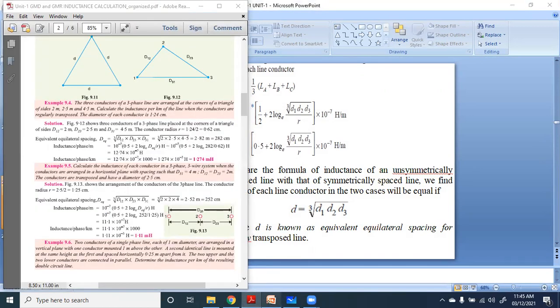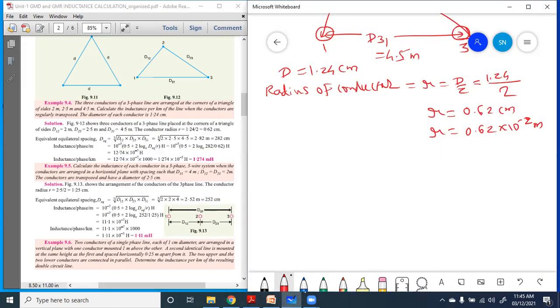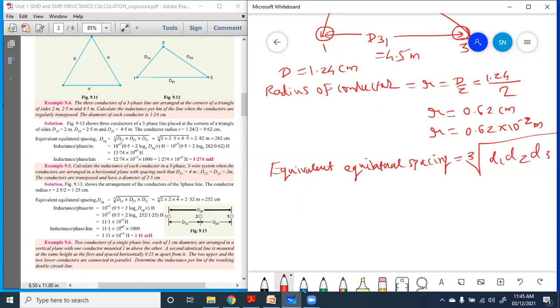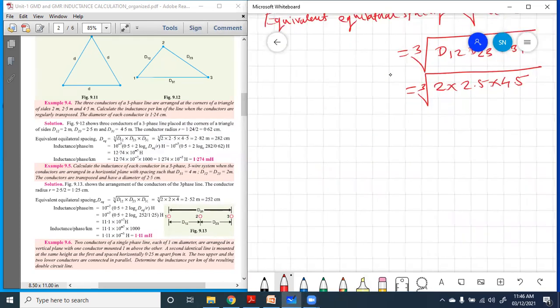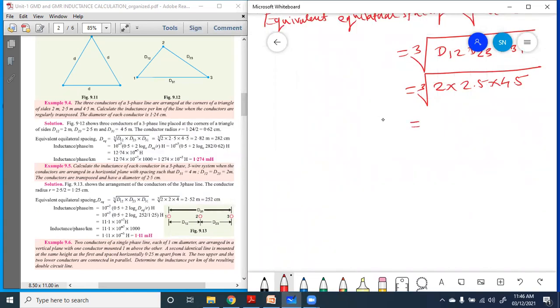We need to calculate the equivalent equilateral spacing, which is the cube root of d12 d23 d31. Putting in the values, all in meters, the cube root of 2 x 2.5 x 4.5. Calculating on the calculator, we get 2.82 meter.